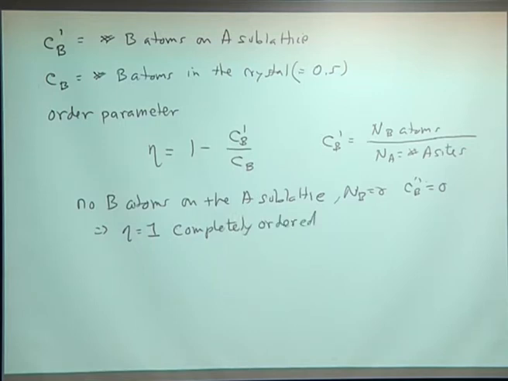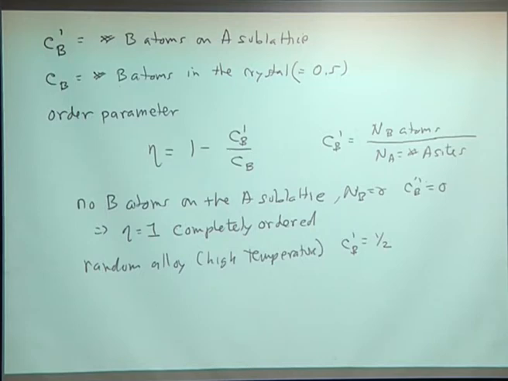Okay? If you have a completely random alloy, which would be at high temperature, the composition of the B atoms on the A sublattice is exactly equal to the composition of B atoms in the structure, which is a half.